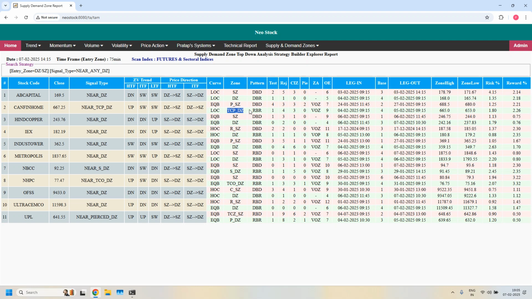Canara Bank, Home Financial, we got a 75 minutes high liquidity zone. NBCC is having a high liquidity zone. That's it. We have 2 high liquidity 75 minutes demand zones from this list.